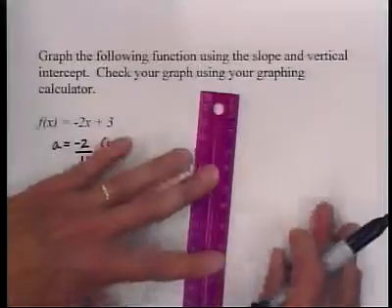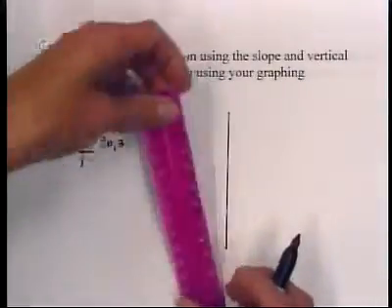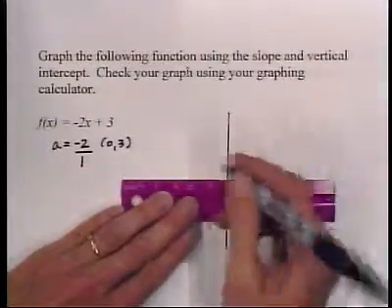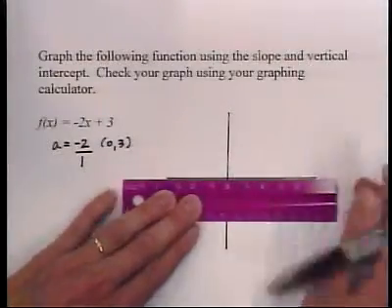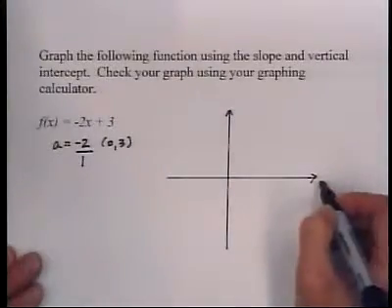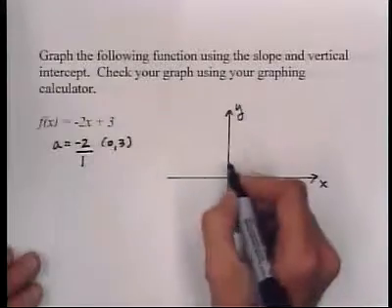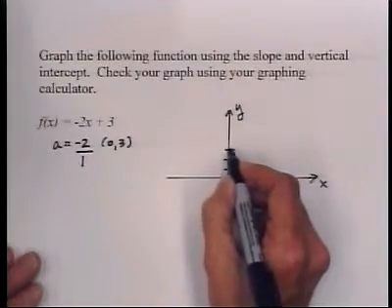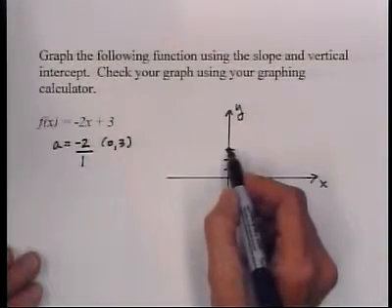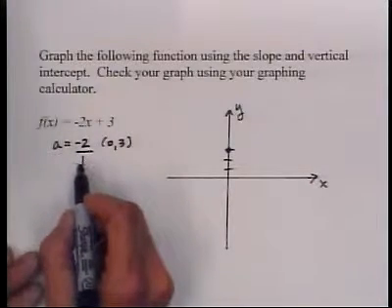So I'm going to draw a coordinate system. Y-axis, x-axis. Start by locating your vertical intercept at 3 and put a point there. From there, count out the slope by using the vertical change over the horizontal change.